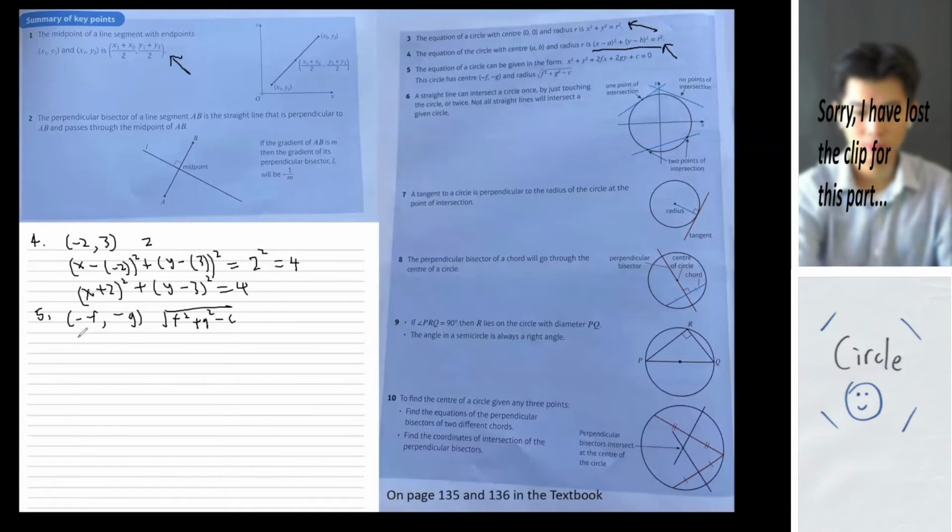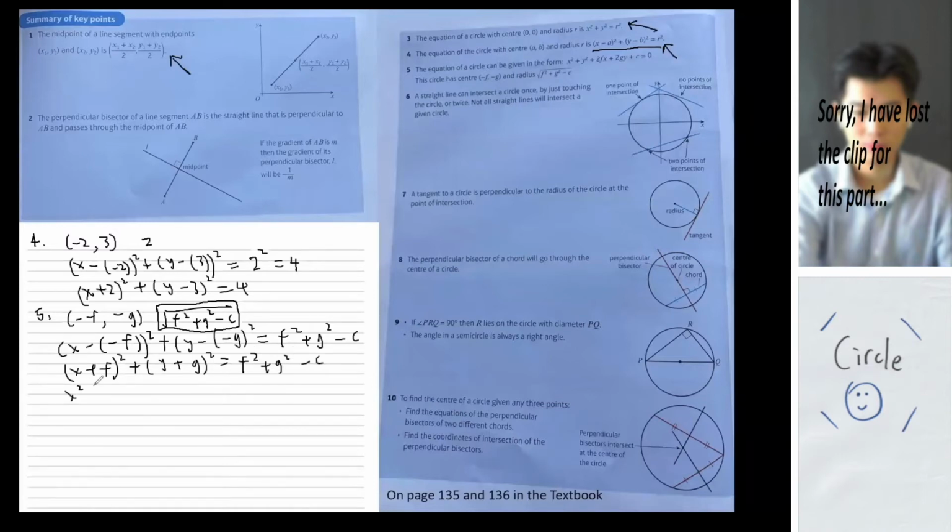If the x coordinate is minus f, then (x plus f) squared plus (y plus g) squared will equal r squared. Basically this value here squared would be f squared plus g squared minus c. So (x plus f) squared plus (y plus g) squared equals f squared plus g squared minus c.